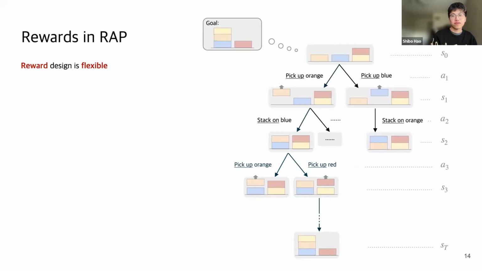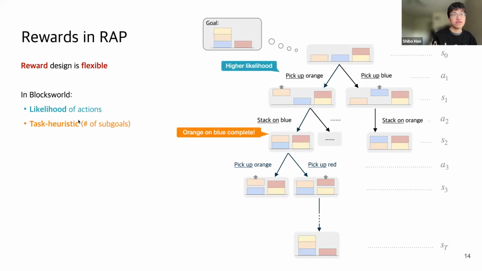We want to emphasize that in this framework, the reward design can be quite flexible. In this particular domain, we have maybe two rewards. The first one is called the likelihood of actions.